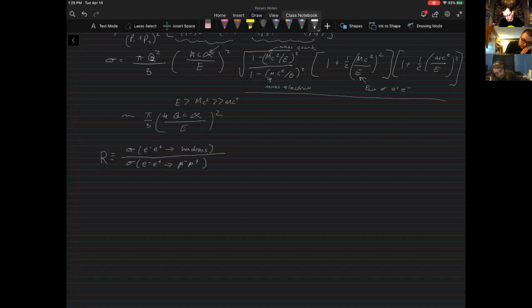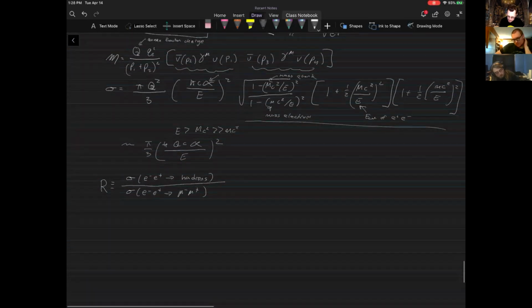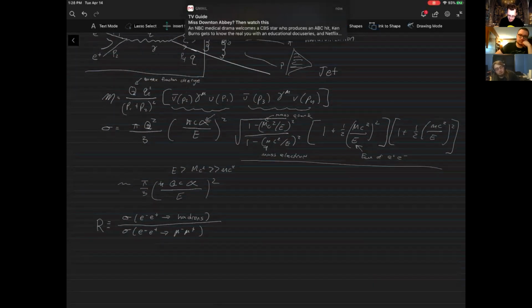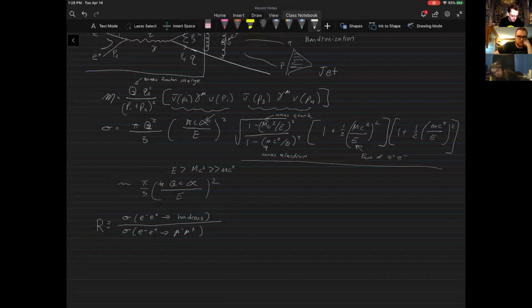Well, why is that interesting? Because in the limit where I have enough energy in this system that I don't have to worry about the mass effects of the quarks, the only difference between those two cross sections can be the fractional charge on the quark.